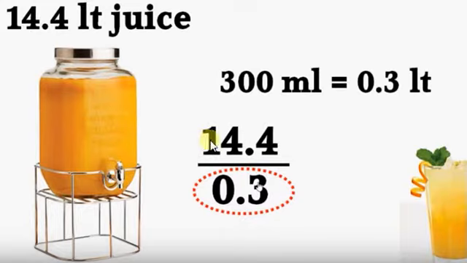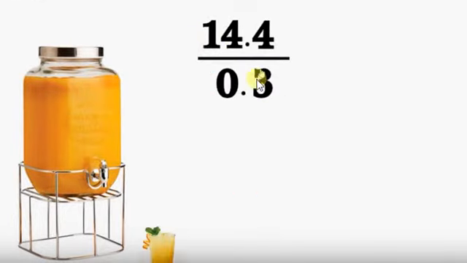So you take 14.4 liters divided by 0.3 liters to find how many tumblers can divide equally the 14.4 liters of juice.